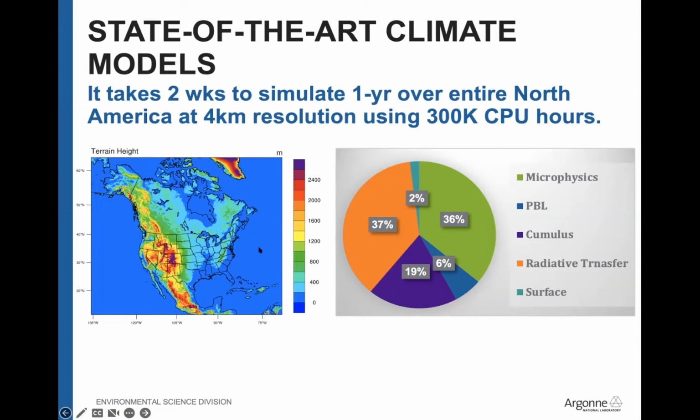And such models include lots of physics processes, and some of them can be very expensive. The example on the right shows you that the radiative transfer, describing the long wave and short wave radiation, takes the most time in those climate simulations. The second would be the microphysics, which describes the process of the clouds.